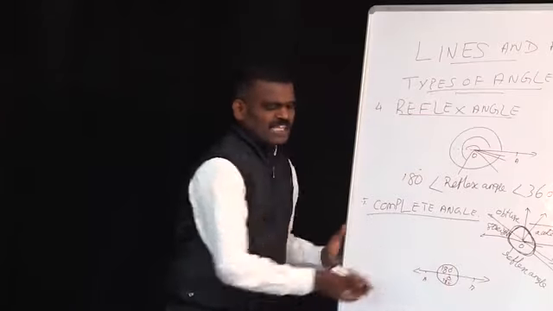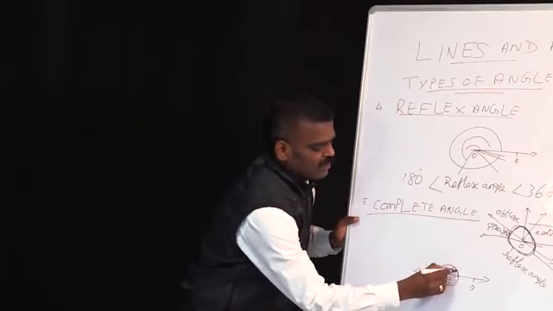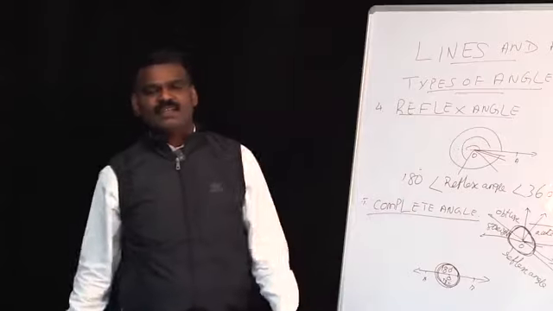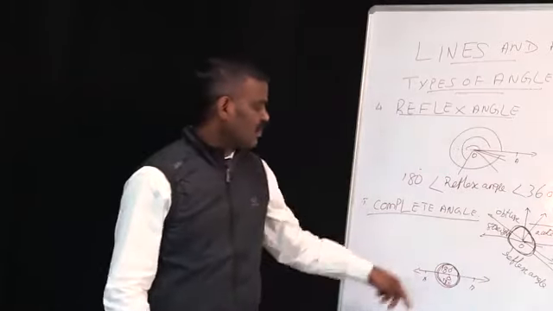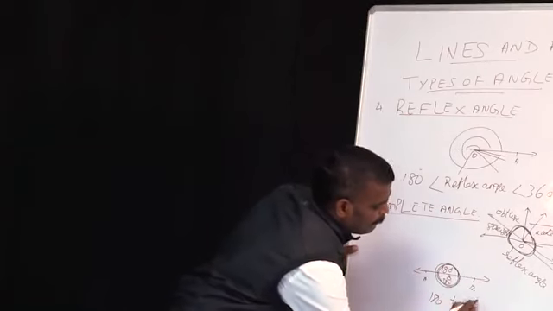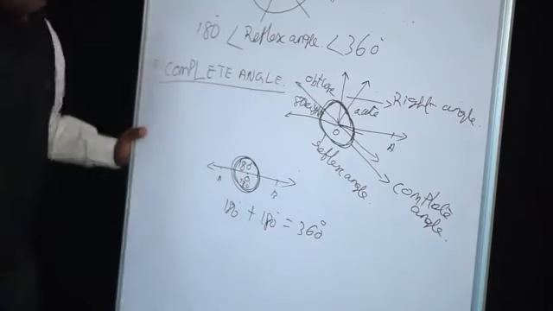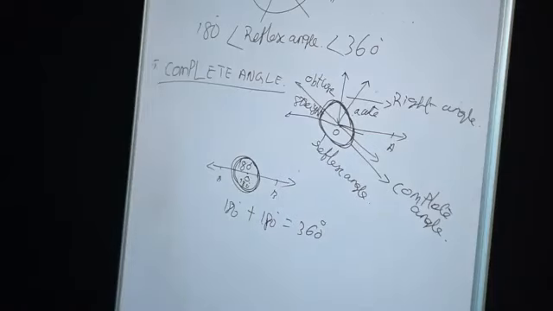So, now two straight angles come together, they form a, what do you call this figure? Circle. So, in the circle how many degrees are there? 180 plus 180, how many degrees? 360 degrees. So, the complete angle has how many degrees? 360 degrees. Clear?